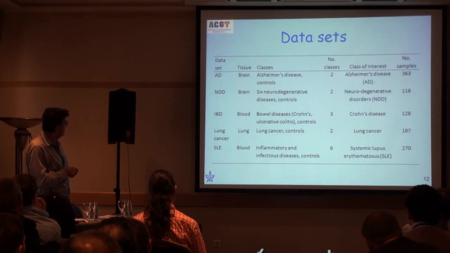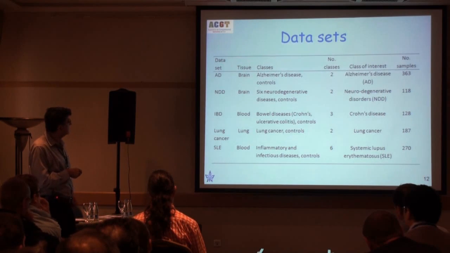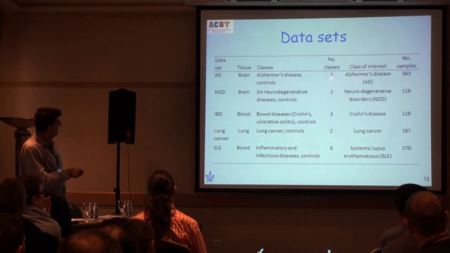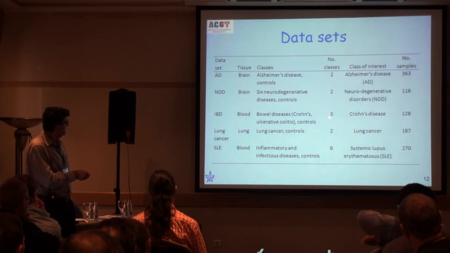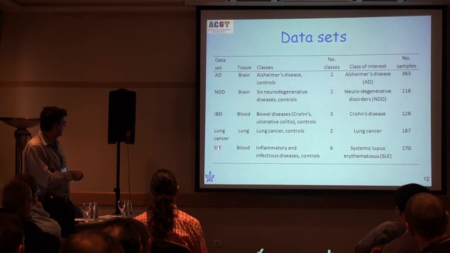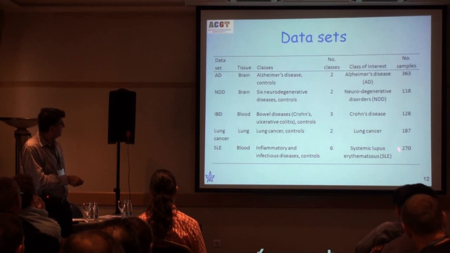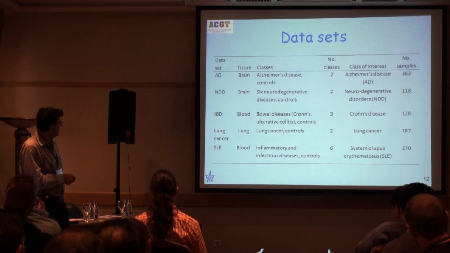So we collected 6 data sets. 4 of them have 5 classes, 3 of them are with 2 classes, and the IBD and the lupus data sets have more than 2 classes, typically a couple of hundred samples per test.